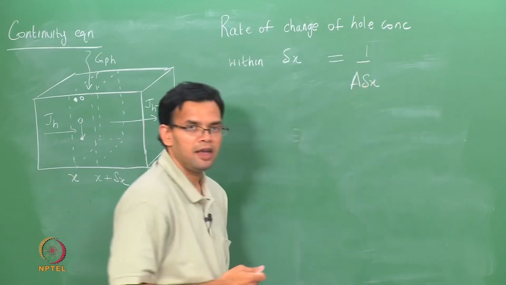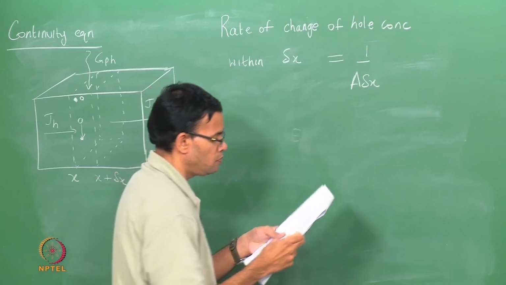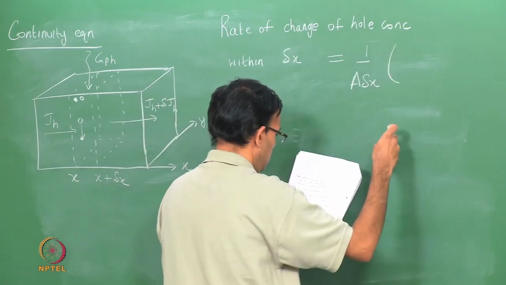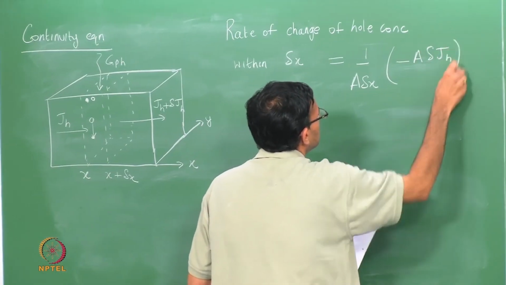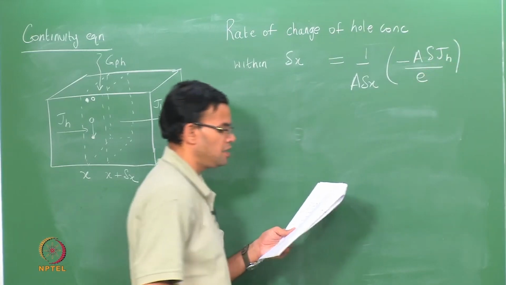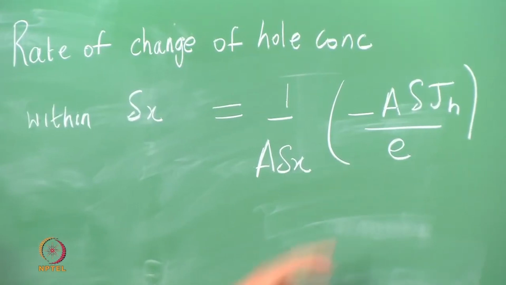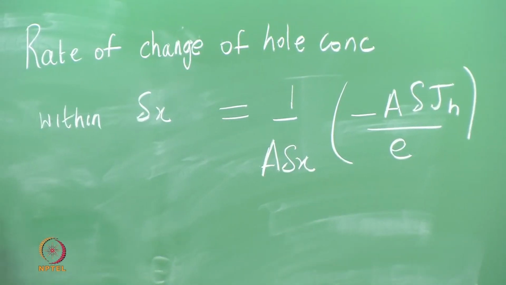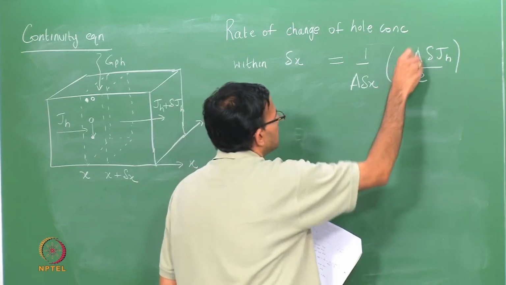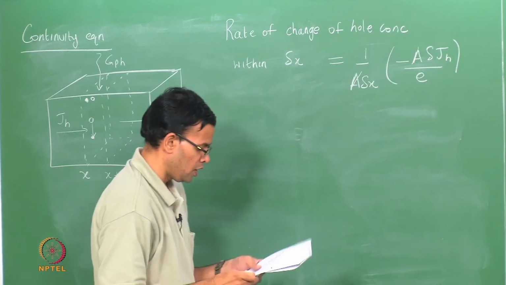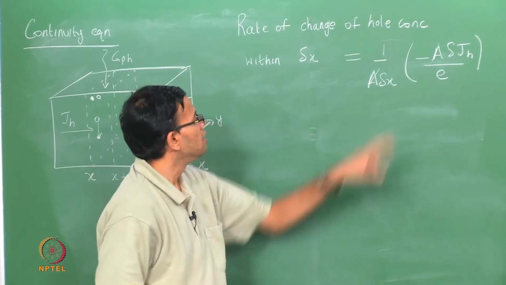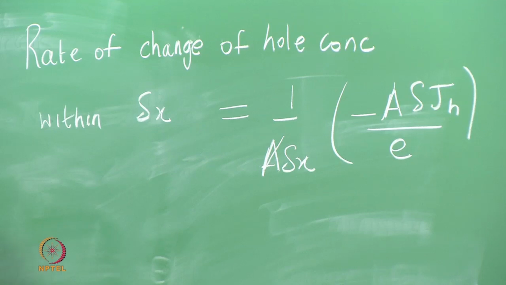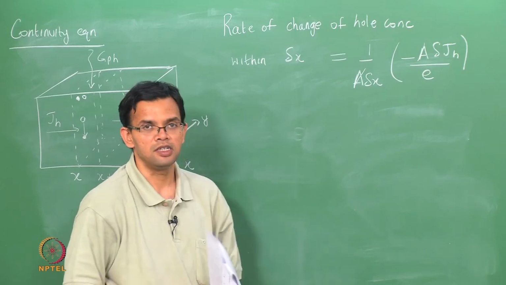So, A is the area, so that A delta x is the volume, minus A delta JH over E. So, delta JH is the change in flux as you go through the region. So, A will essentially cancel. So, if delta JH according to this equation is negative, then this whole thing is positive. There is an increase in the hole concentration. On the other hand, if it is positive, there is a decrease in the hole concentration.